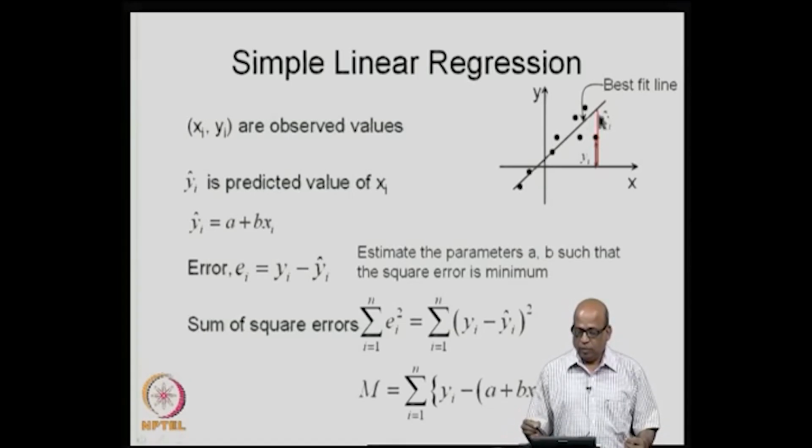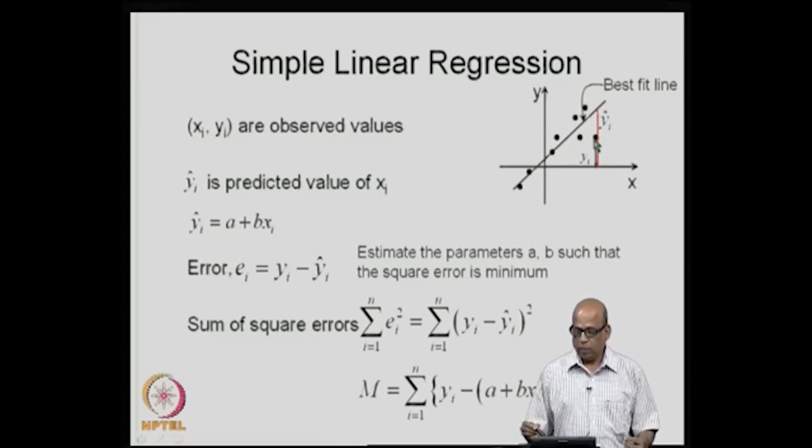What is our purpose? We have these observed values, each given by x_i, y_i. When you plot them as a scatter plot, you get these black dots, the observed values, and we want the best fit line which will represent these scattered values.